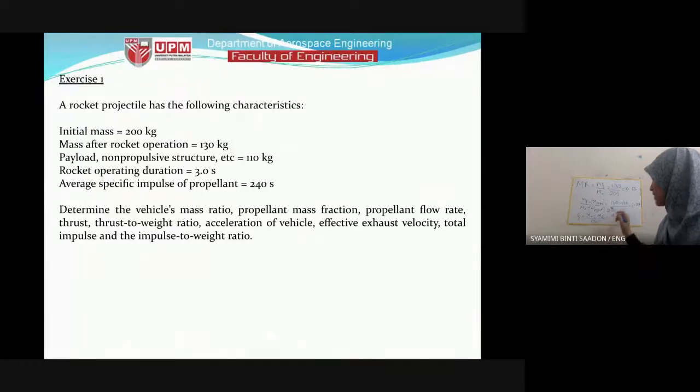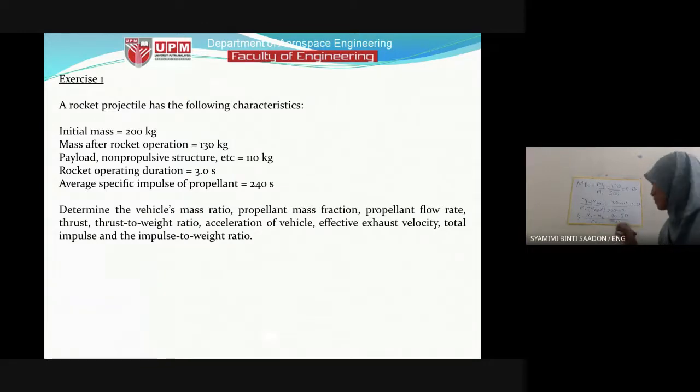The initial mass, cut out the payload, non-structural, etc., and minus the final: 130 minus 110, so we have 20 over 90 again. The final mass of the rocket, by eliminating the non-propulsive structure. So the propellant mass fraction is 90 minus 20, so 70, because the mass of the propellant is the difference between the initial mass and the final mass.